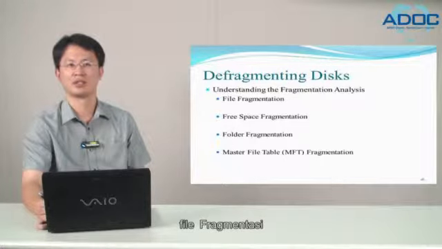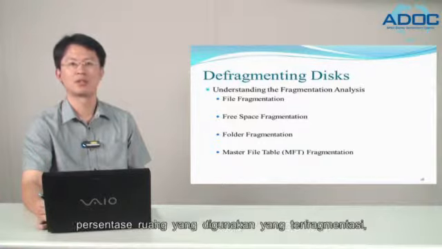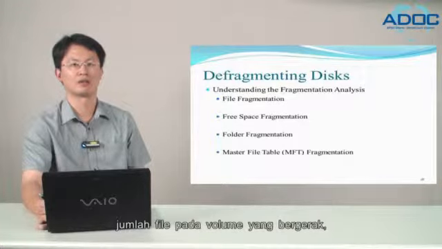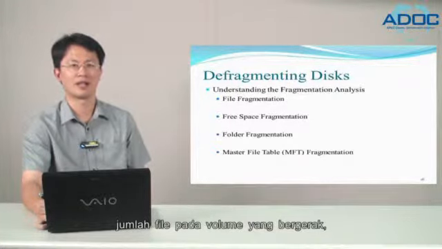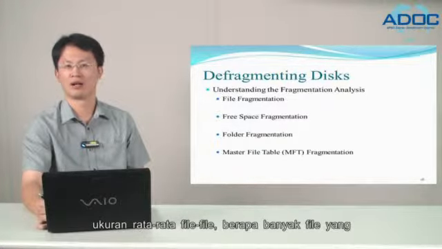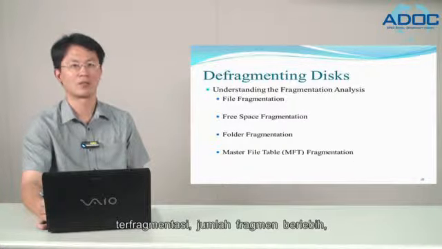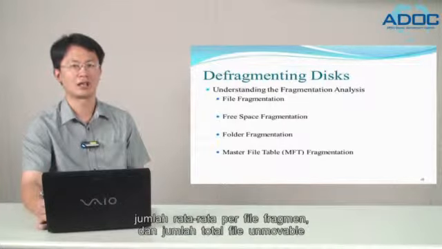File fragmentation gives an overview of file-level fragmentation, showing the percentage of used space that is fragmented, the total number of files on the volume that are movable, the average size of those files, how many files are fragmented, the total number of excess fragments, the average number of fragments per file, and the total number of unmovable files.